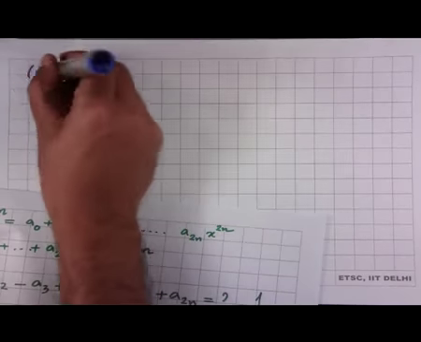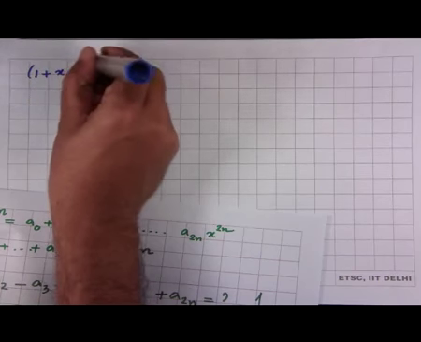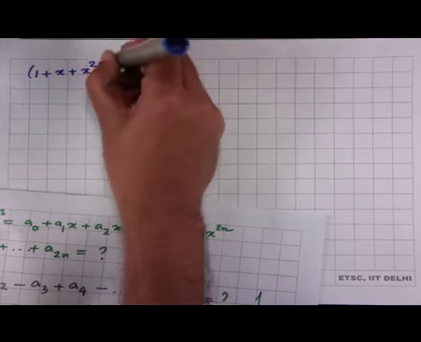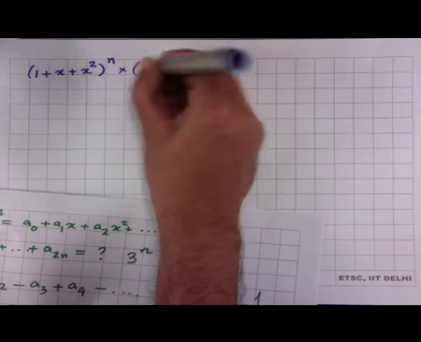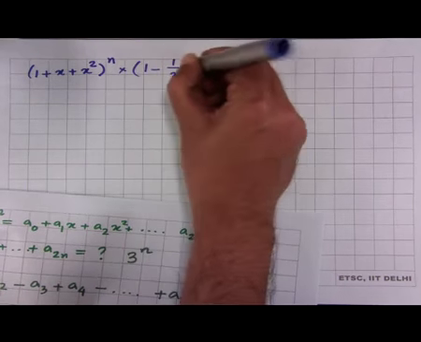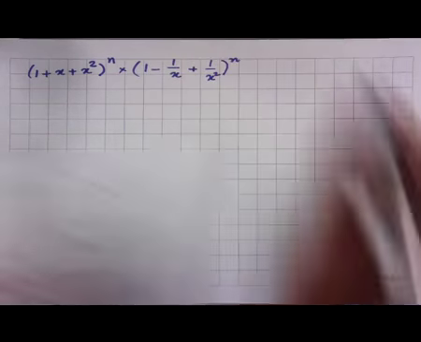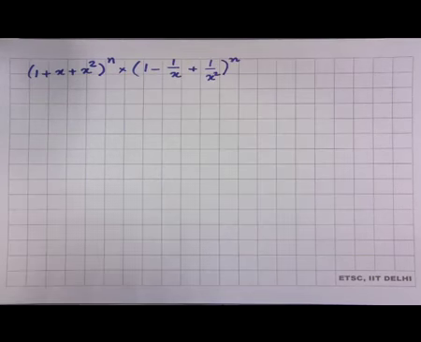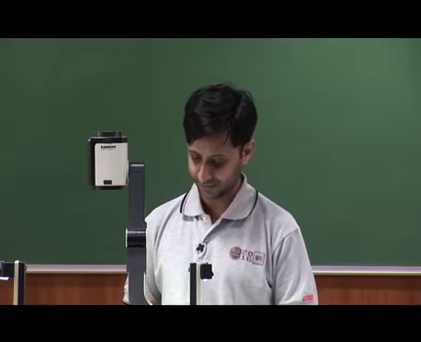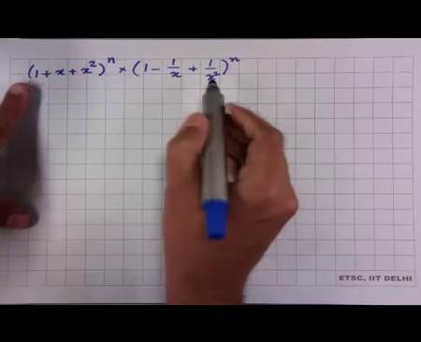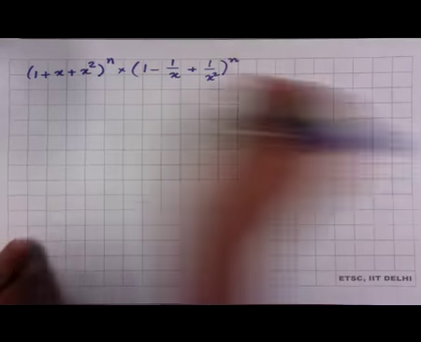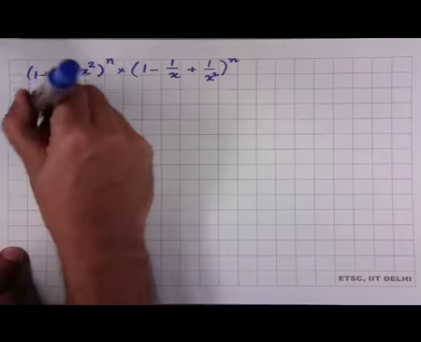1 plus x squared whole power n into 1 minus 1 by x plus 1 by x squared whole power n. And in this I am looking for the term that is independent of x, just to remind you. So, what we are going to do is we are going to take n out.